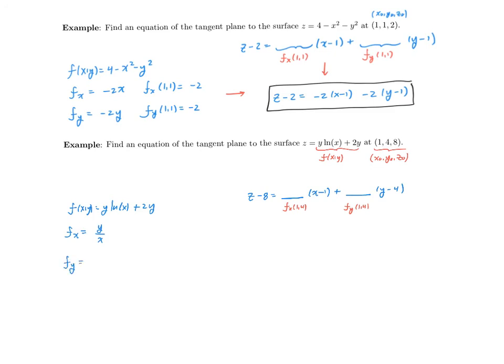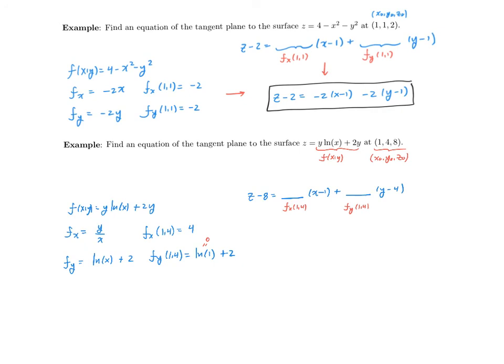And its partial with respect to y, now treating the ln of x as a constant, would be natural log x plus 2. So the partial with respect to x at 1, 4 is 4 over 1. And the partial with respect to y at 1, 4 is the natural log of 1 plus 2. And recall that the natural log of 1 is a common value, which is 0.